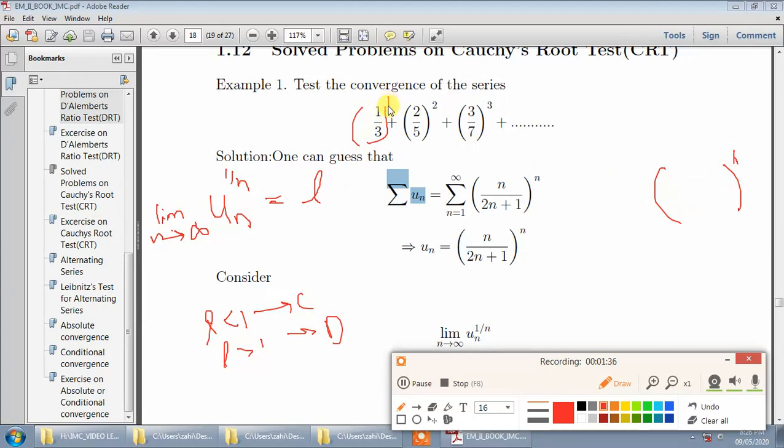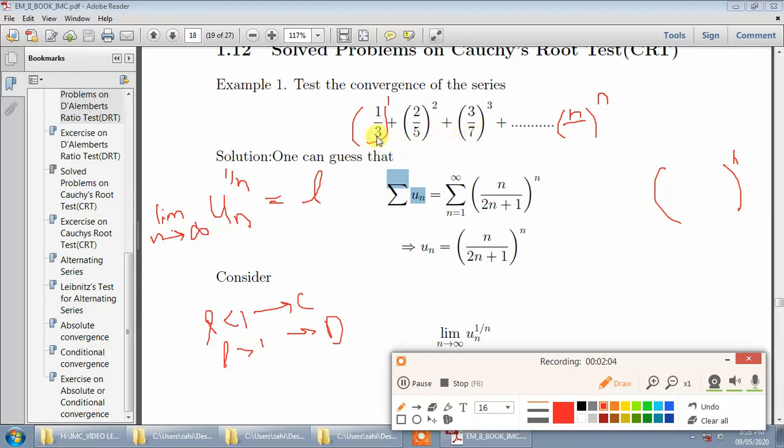The numerator contains 1, 2, 3, so the nth term will contain n. The denominator contains 3, 5, 7, which are odd numbers jumping by a difference of 2.